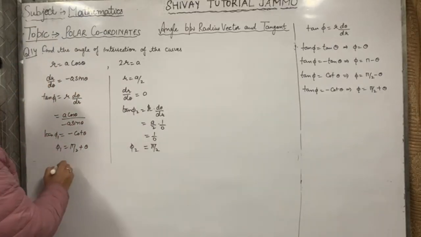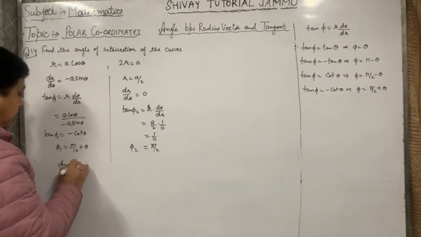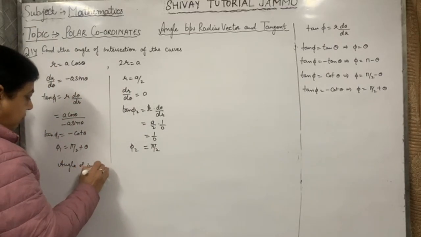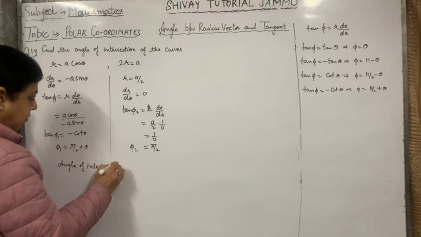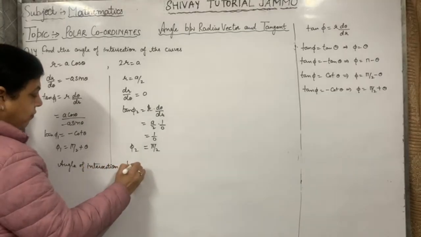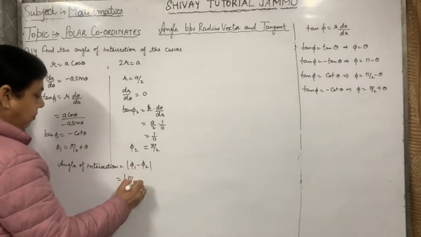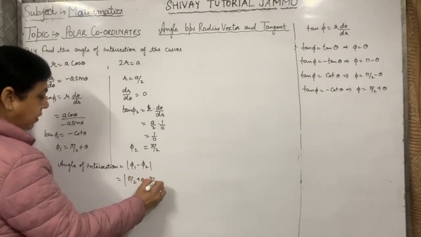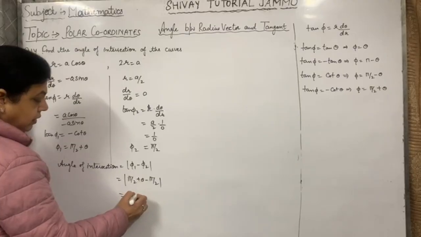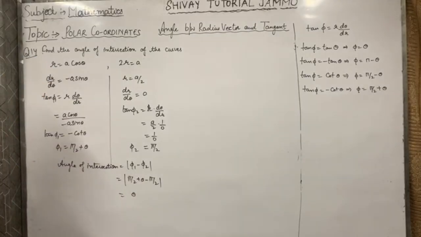Clear? Okay. Angle of intersection is φ1 minus φ2. π/2 plus θ minus π/2. That is θ. Clear?